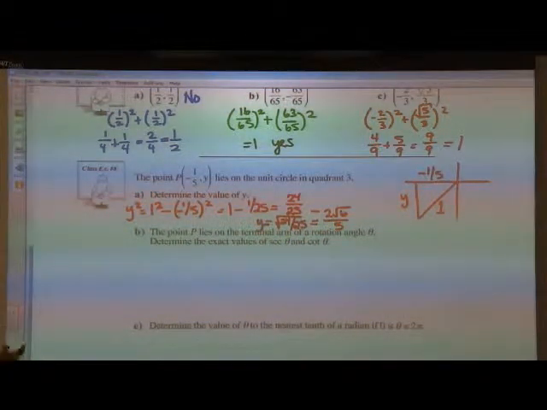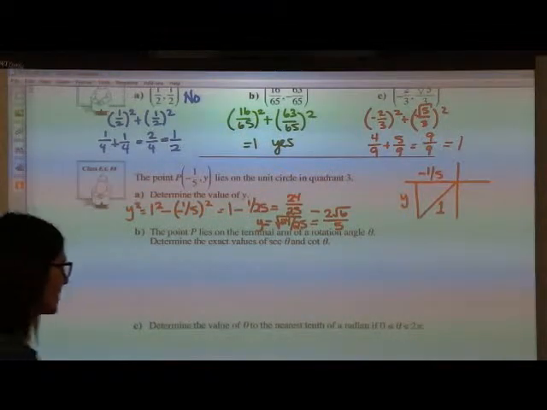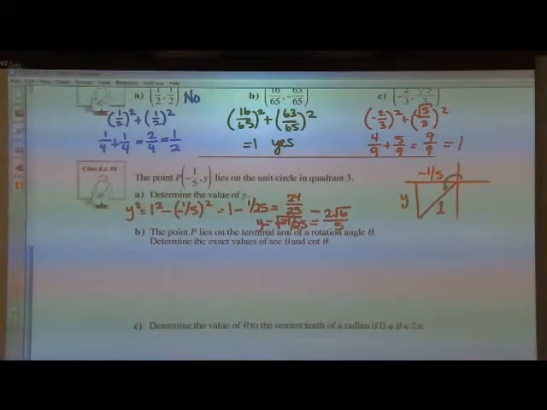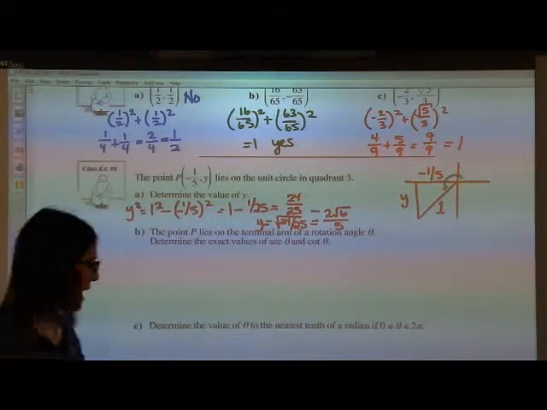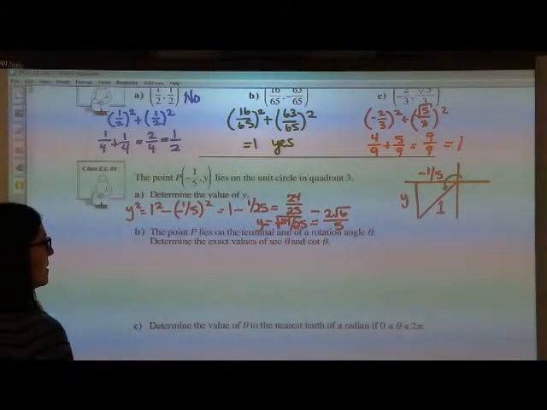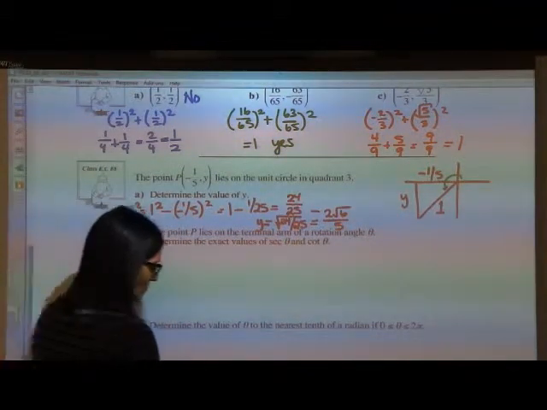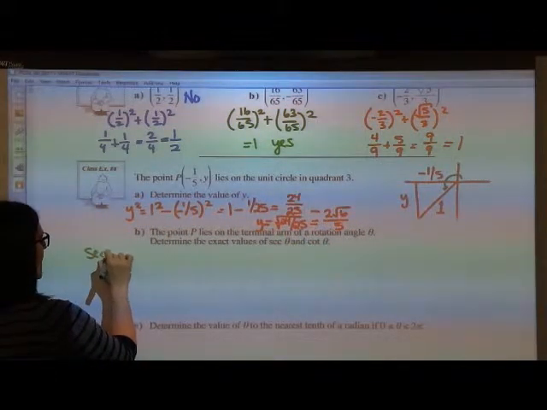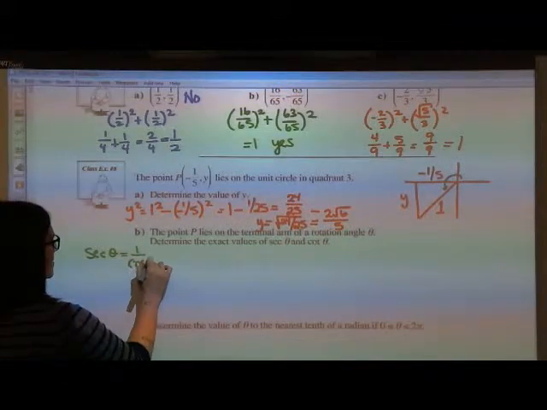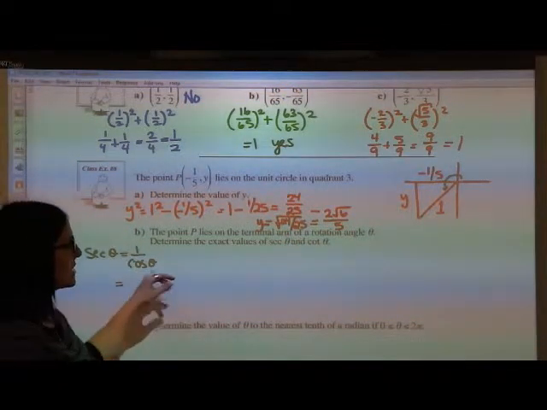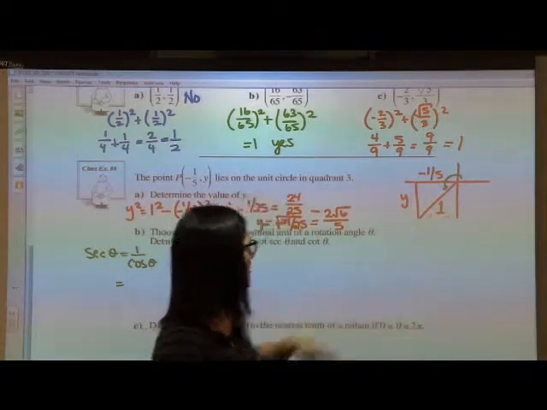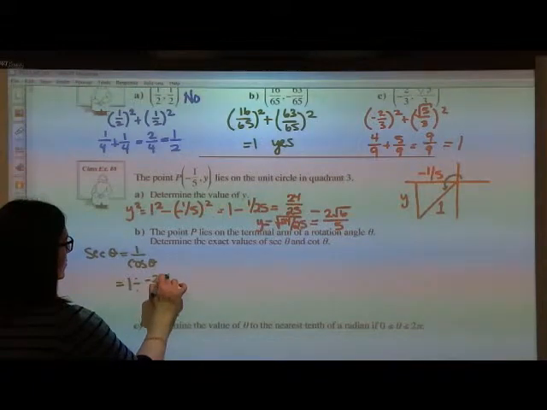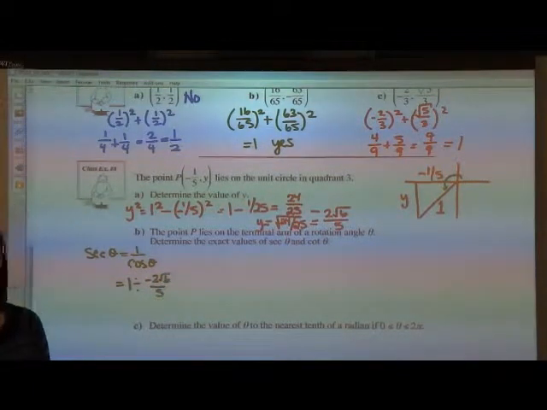Okay? Point P lies on the terminal arm of this rotation angle. So the question is, what are the exact values of secant theta and cotangent theta? So secant theta, wrong color. Secant theta is 1 over cos theta. And cos theta is adjacent over hypotenuse, so cos theta is -1/5.